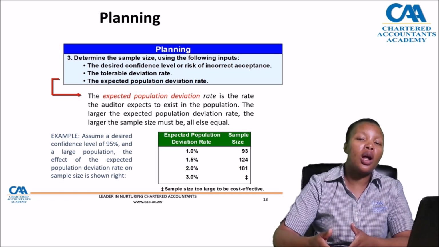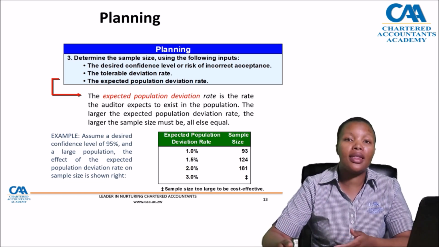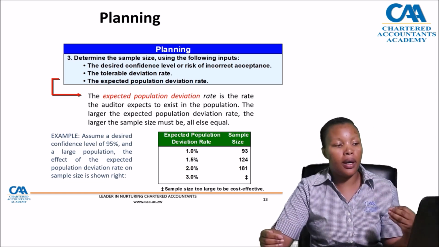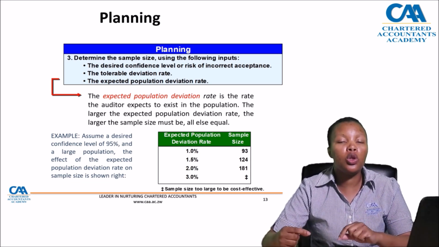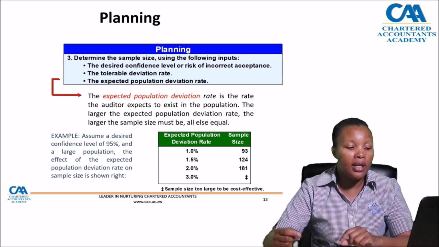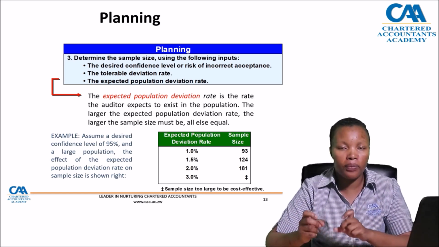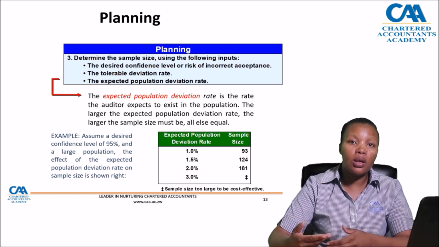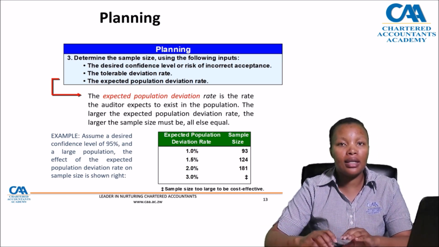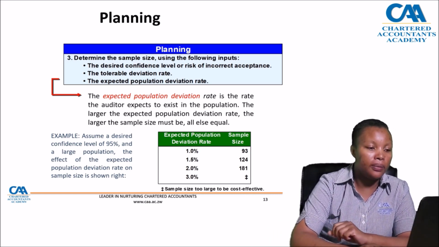But you cannot then test the full sample, because it would be ineffective to test that sample size from the population. So the auditor will maybe say, I will test fewer items. They will not test the entire sample size that's coming from the 3% expected deviation.